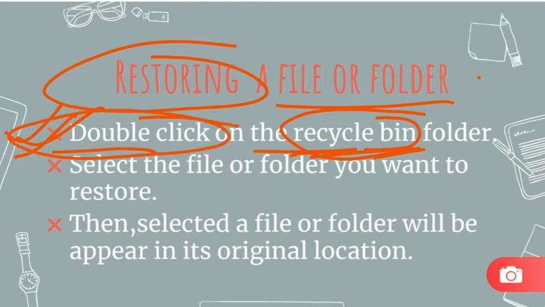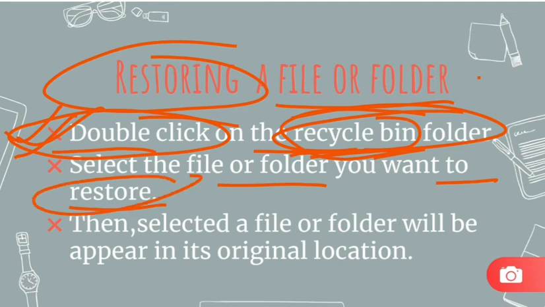You have to double click on the icon of the recycle bin, then the recycle bin folder will open on your screen. Then you have to select the file which you want to restore. After selecting the file or folder, you have to click on the restore this item option.